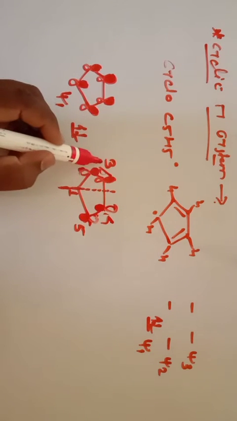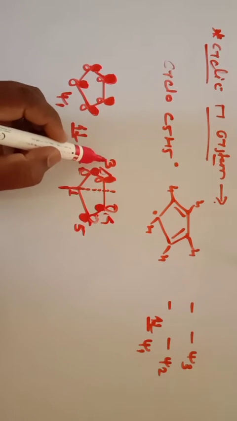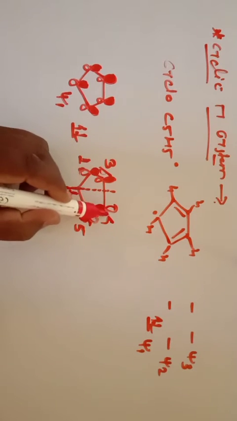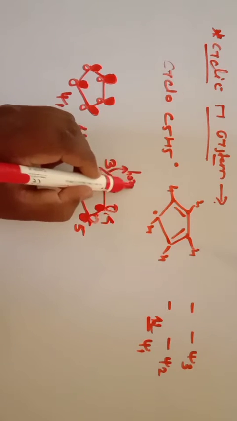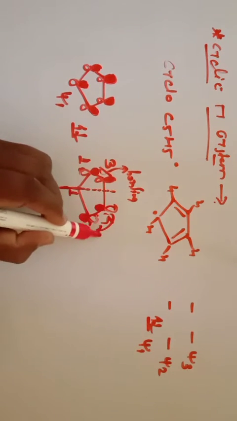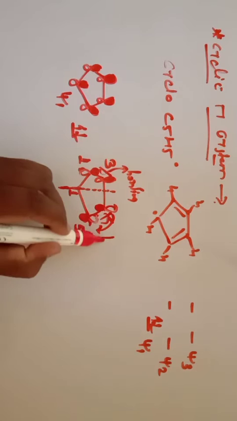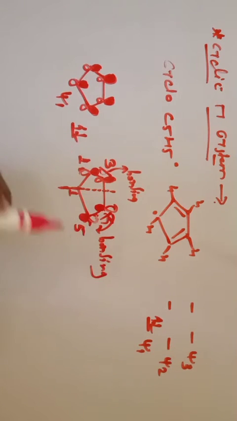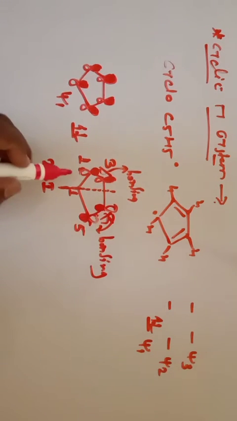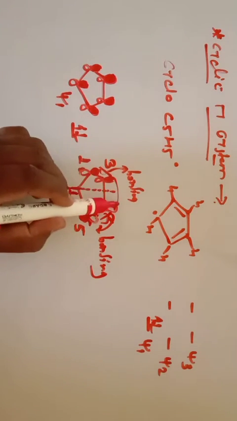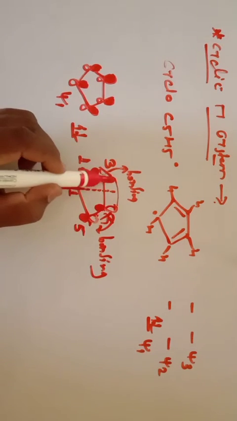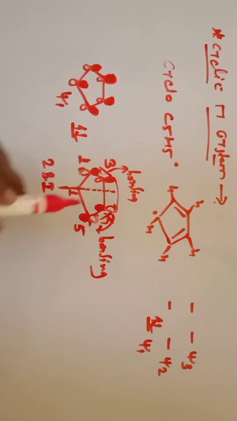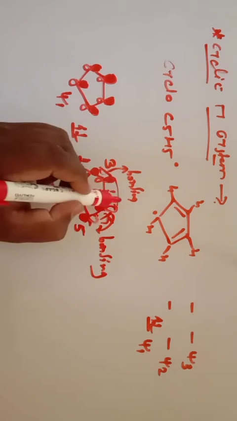This is your bonding interaction, and this is also a bonding interaction. So there are two bonding interactions in this case, as well as two anti-bonding interactions. Here one is positive and one is negative, so if the filled one is positive and the empty one is negative, this is an anti-bonding interaction.